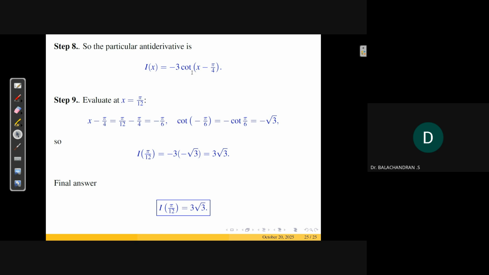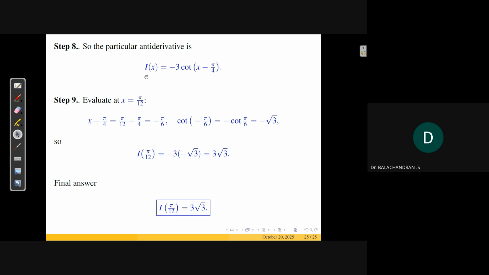And we need cot of x minus pi by 4, which is cot of minus pi by 6. Cot of minus x is minus cot x, so minus cot pi by 6. We know that cot is the reciprocal of tan. Tan pi by 6 is 1 by root 3, so cot pi by 6 is root 3. So cot of minus pi by 6 is equal to minus root 3.